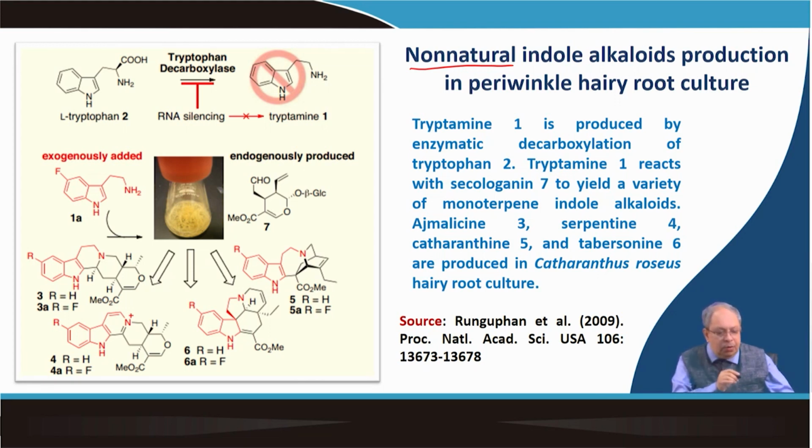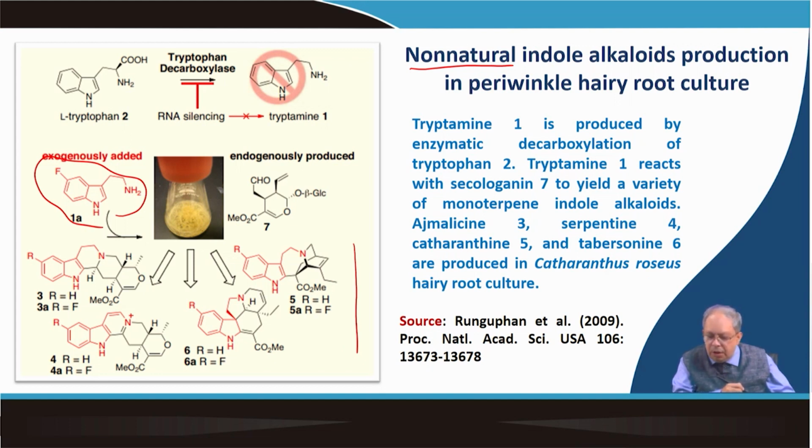Then what they have done, they made feeding of fluorotryptamine, and fluorotryptamine is accepted by the RNAi silenced root culture, the TDC silenced root culture, because TDC is not working, that is why you are putting this one, and that will be subsequently taken up through different pathways, leading to formation of different downstream indole alkaloids.